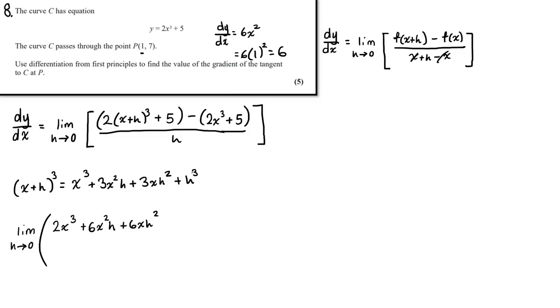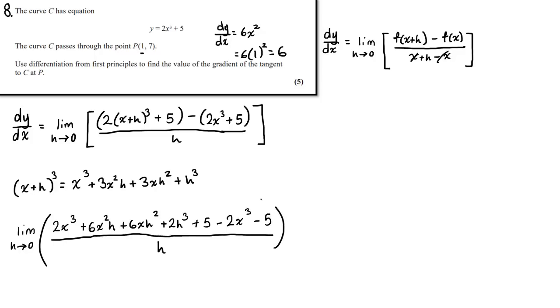And then finally we've got h cubed, so we times that by 2, so that gives me 2h cubed. We've also got the plus 5 here, we can't forget that. And now we've got minus 2x cubed, and we've got minus 5. Okay, so that's my numerator, and this is all over h.